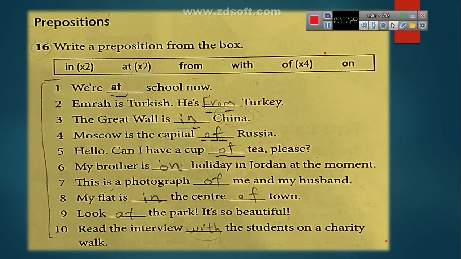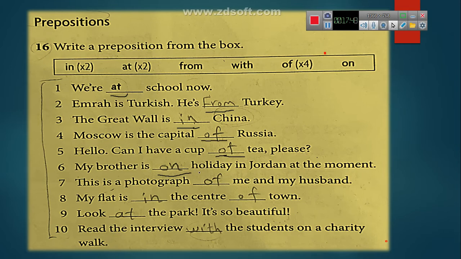So, my brother is on holiday in Jordan at the moment. When we say "on" here, it's used as a preposition of place as well as of time. It's used to describe something that is resting on a surface.